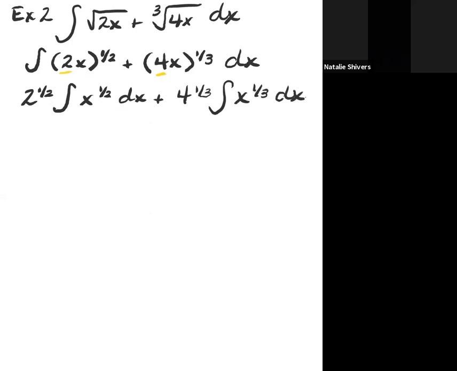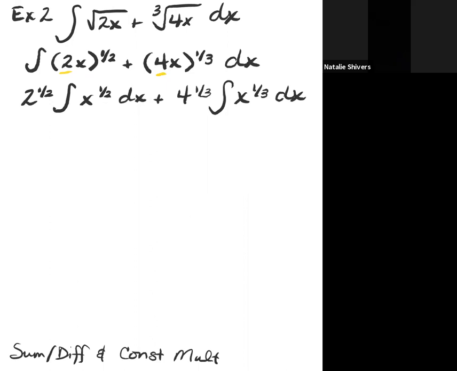So I'm using both those rules that I put at the end, the sum difference, and constant multiple. Okay, both of those came into play there. All right. The integral of 2 to the 1/2 is not something you want to attempt. Just leave it alone. Okay. X to the 1/2 is much easier.